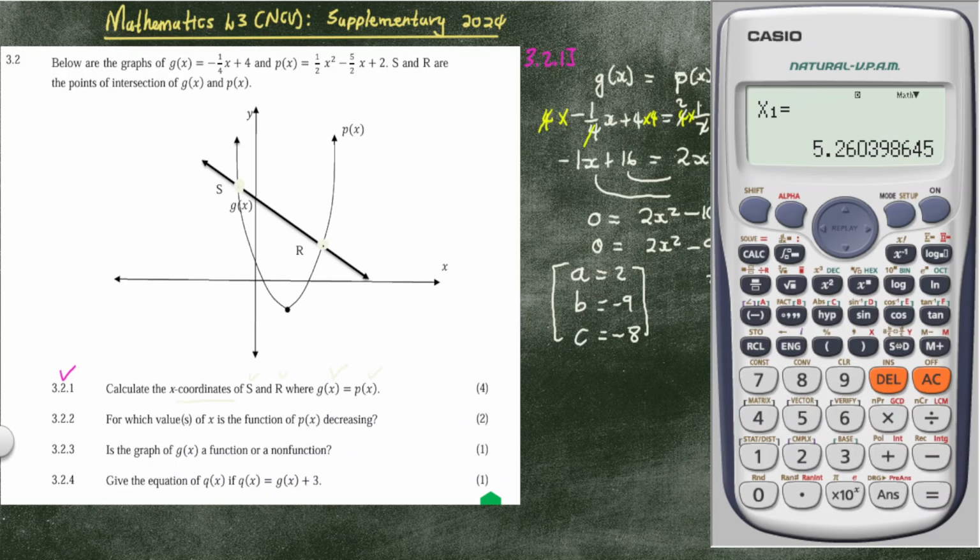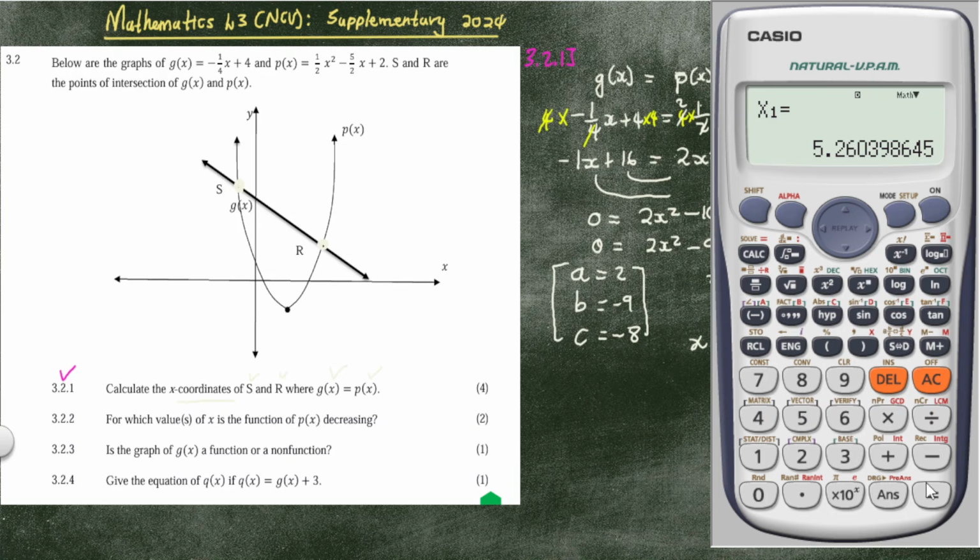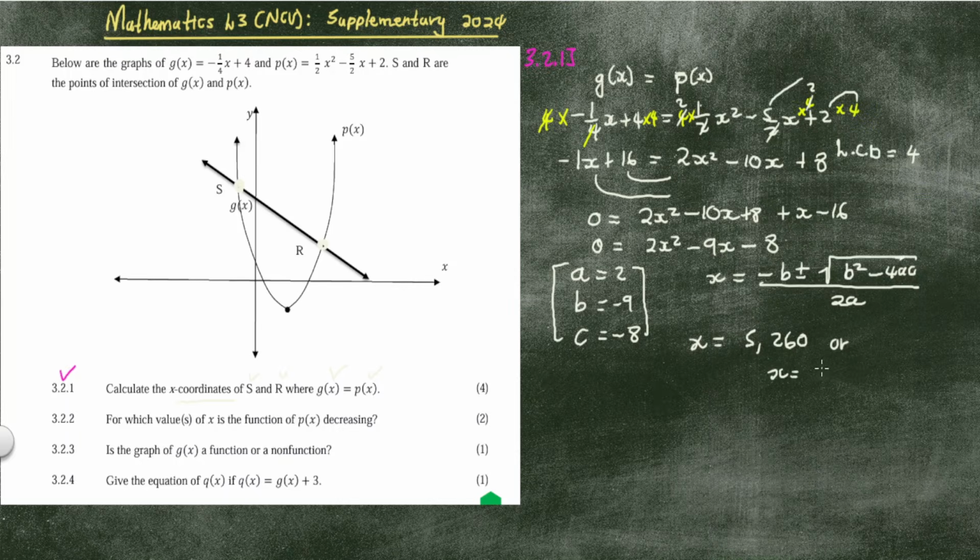The first answer is this, so the first x is 5.260 in 3 decimal places, or the other x is minus 0.76. So these are my x values for S and R.